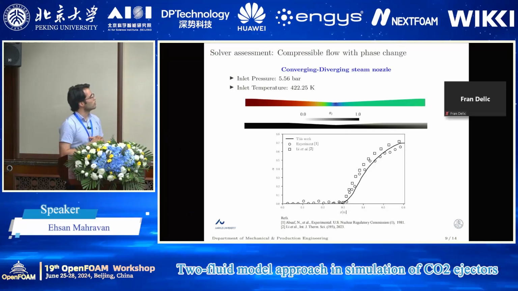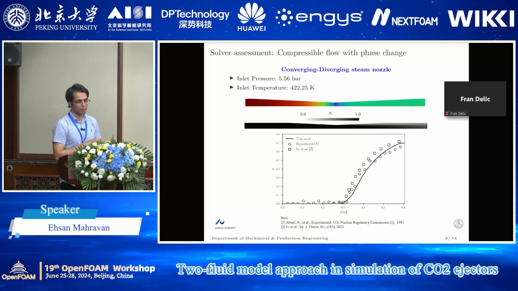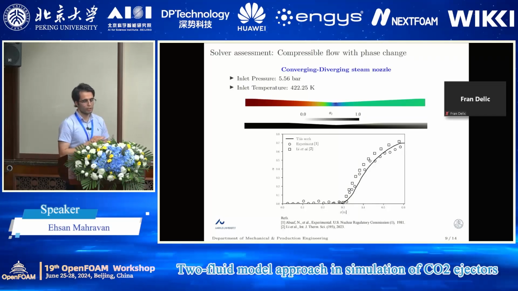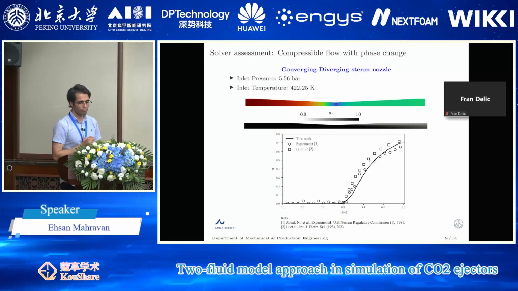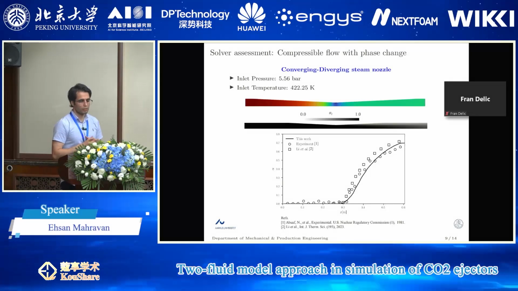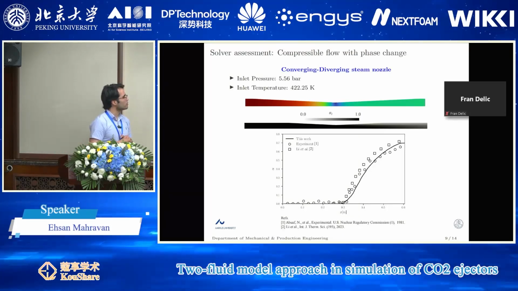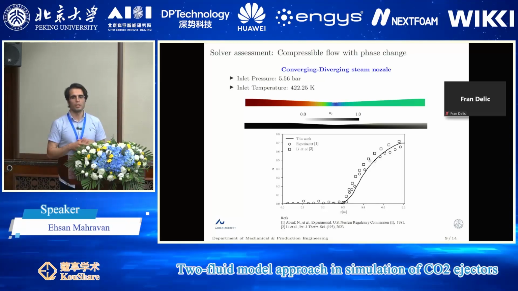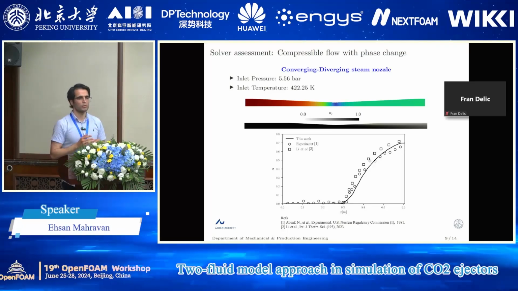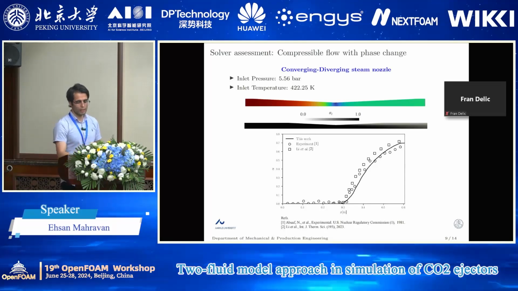One is shown here, and the solver predicts the distribution of volume fraction along the nozzle very well, and the same is true about the pressure and other variables. So it wasn't actually that easy to reach these results, but it was a very good playground for us to see those closure models in the solver, how we should handle them, how they affect the results.